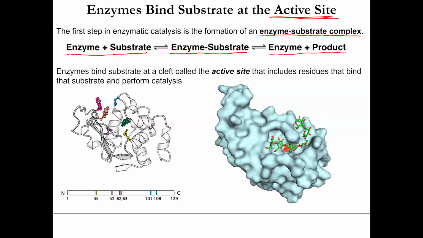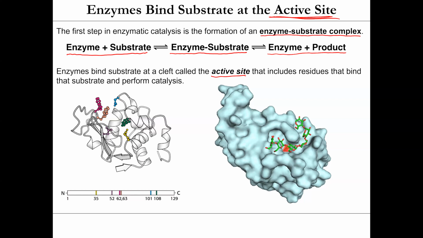That enzyme substrate complex is going to happen because enzymes will bind substrate at a cleft called the active site that includes residues that bind that particular substrate and perform catalysis. So the active site has two jobs basically, to bind that substrate and to perform the catalytic reaction.